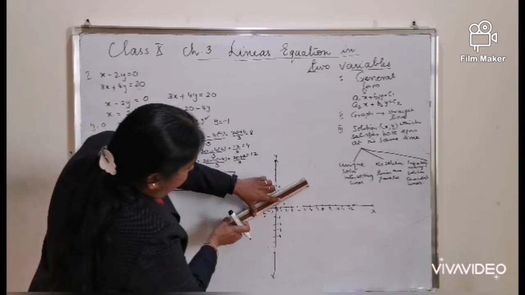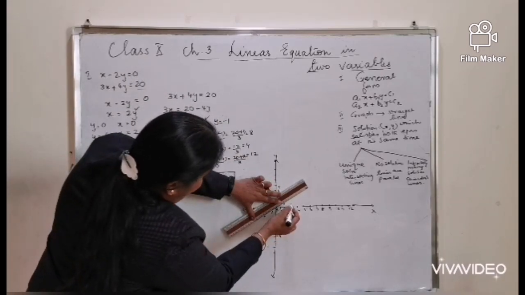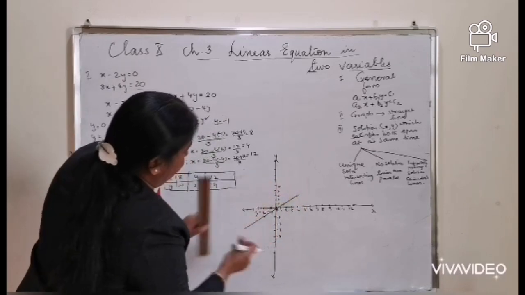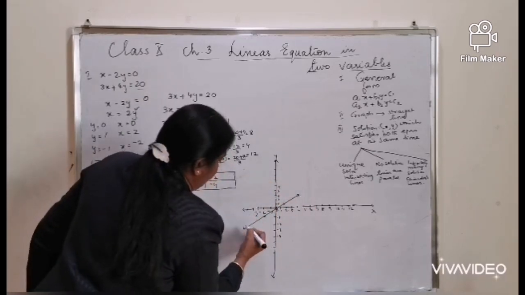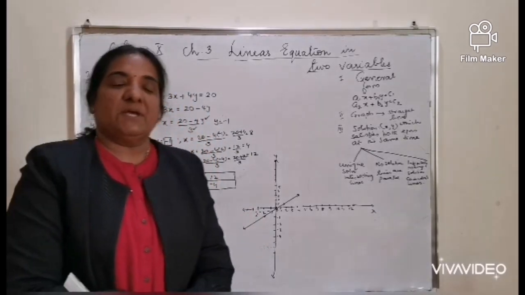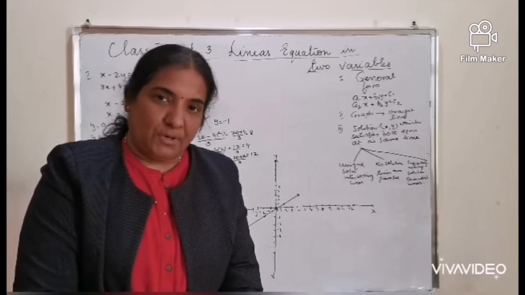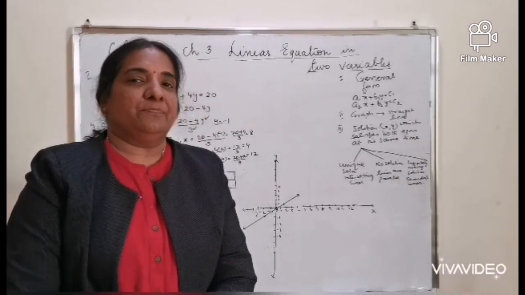You can see it's a straight line covering all the 3 points. When you draw in the graph paper, please make sure you are writing the points where you are plotting.